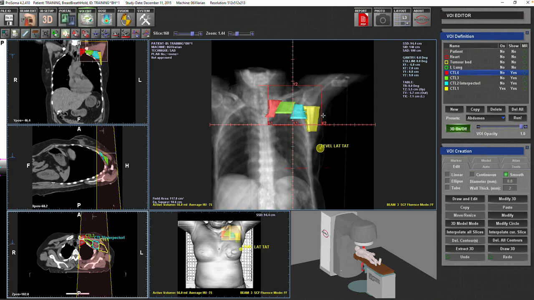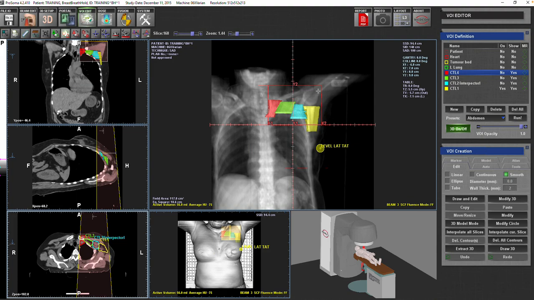Because I drew it already, I can easily open my field around it if I want. For example, if this is my CTV, I need to take maybe half a centimeter PTV and then half a centimeter for the penumbra, something like that. But this is how helpful my target would be.